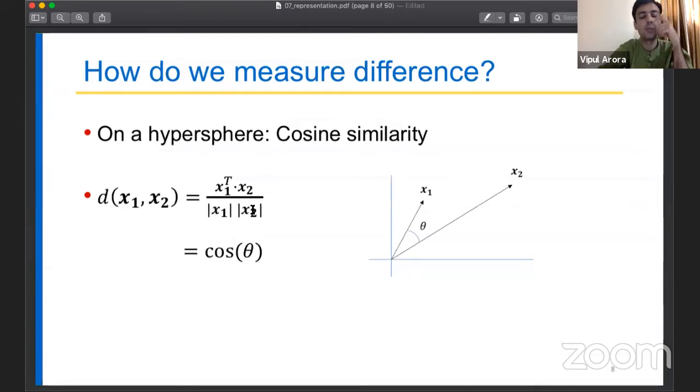This could be the L2 norm. L2 norm means simply the Euclidean norm or the Euclidean length. And you take the dot product between these two vectors. That is the cosine similarity.